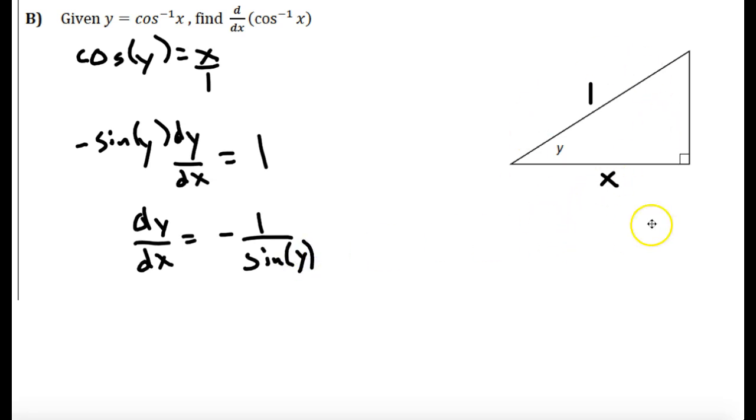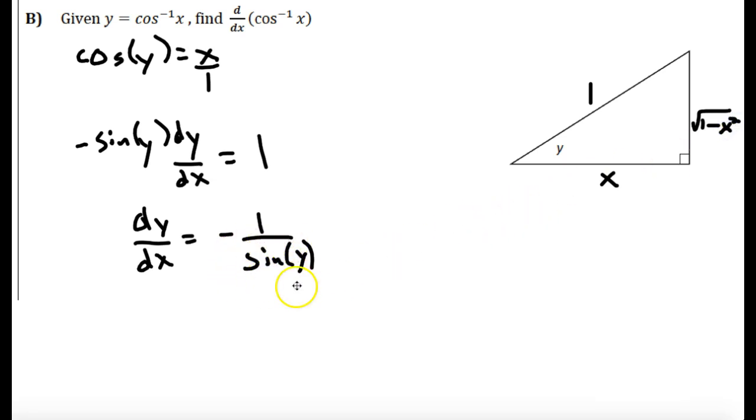And now this triangle will actually look really similar to our last example, right? If I say a squared plus b squared equals c squared, square everything, subtract this over, we end up with this side being, again, the square root of 1 minus x squared.